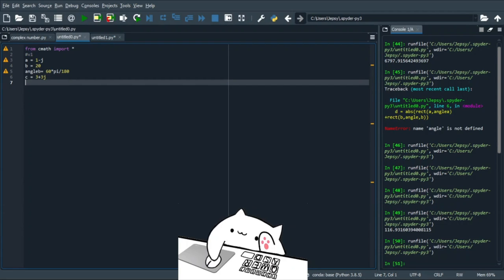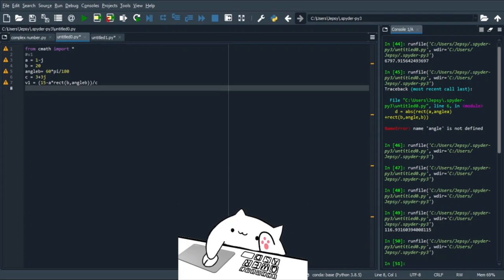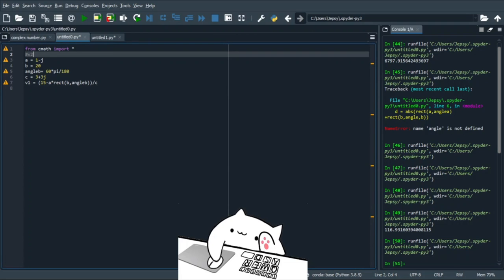Okay, now this is my V1 equal to 15 minus, parenthesis just in case, 15 minus my A times rec of my B, angle B. Then I'm gonna divide by your C. Okay, so this is my V2, I'm sorry, this is V2.